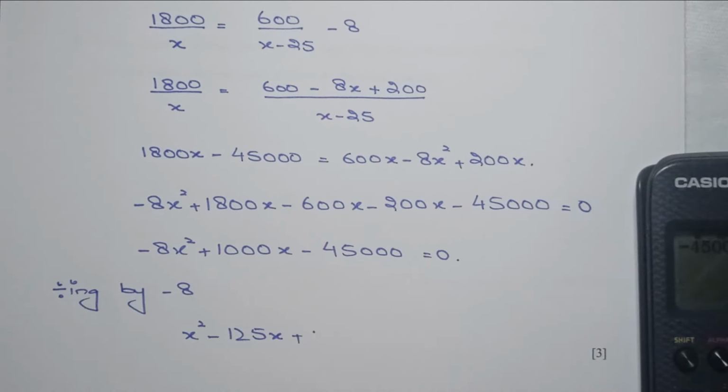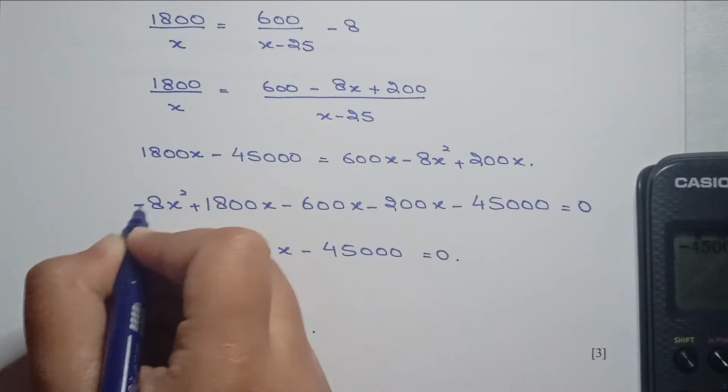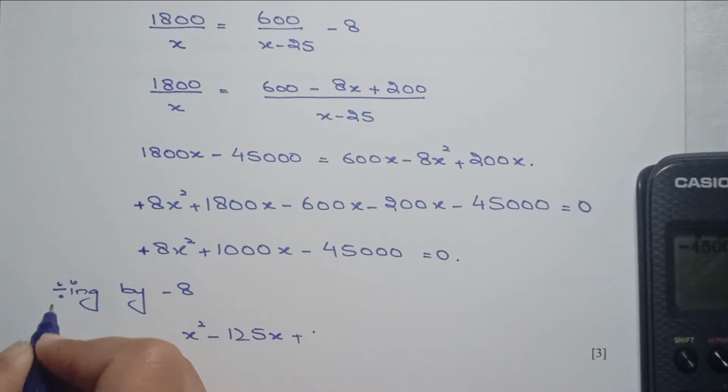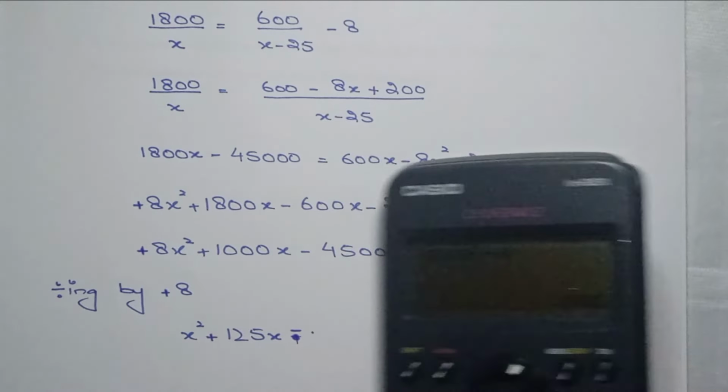Oh, I messed up. So I just shift this 8 to the left. It would be positive 8, and we are dividing by positive 8, right? So this term would be positive and this term would be negative. Yes. So it would be 5625.